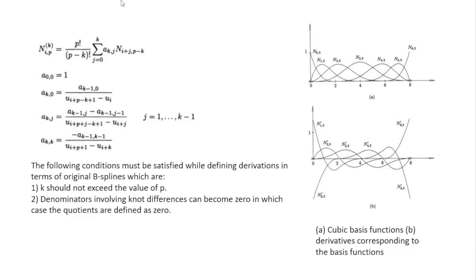We have the initial value, say a_0,0 equals 1, a_k,0 equals this value, and also the values of a_k,j and a_k,k. So if we have the basis function defined as in figure A, by applying the derivation on this figure, we get the following functions as in figure B. That is the end of the derivative functions.